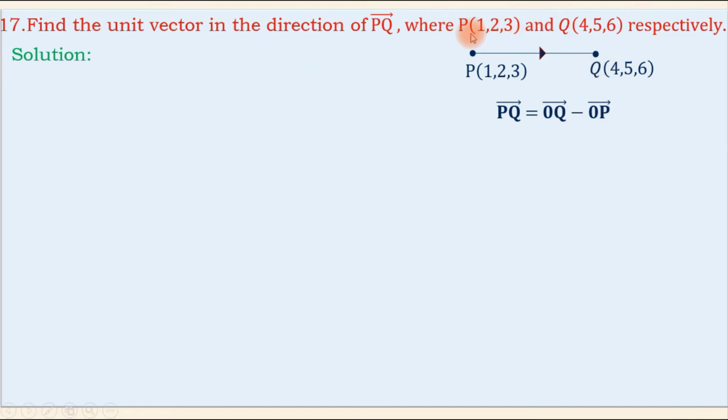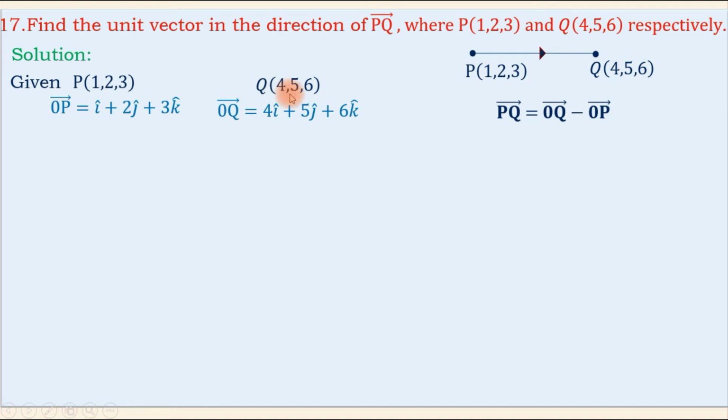So given point P and write its position vector. So given point P is 1, 2, 3, its position vector can be taken as OP vector equals 1i cap plus 2j cap plus 3k cap. And point Q is 4, 5, 6. So its position vector is OQ vector equals 4i cap plus 5j cap plus 6k cap.